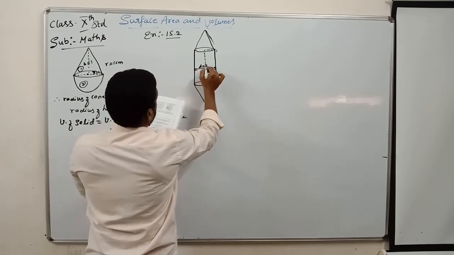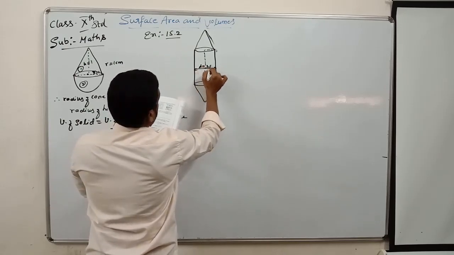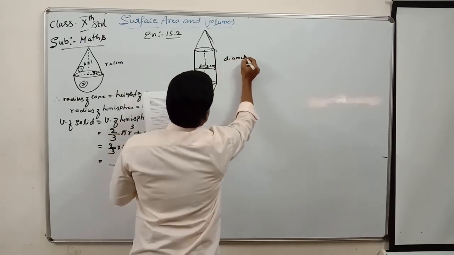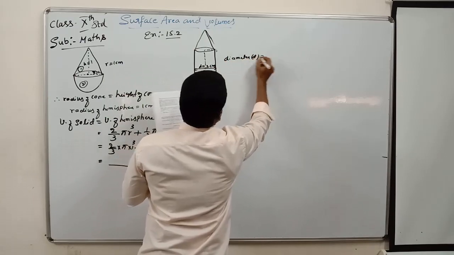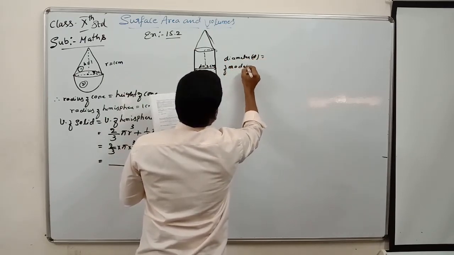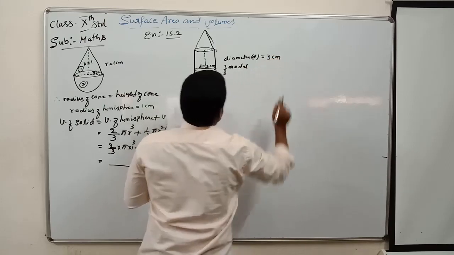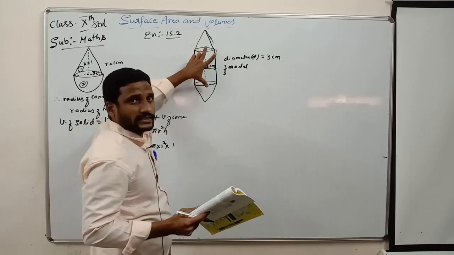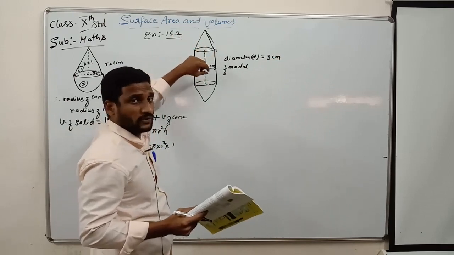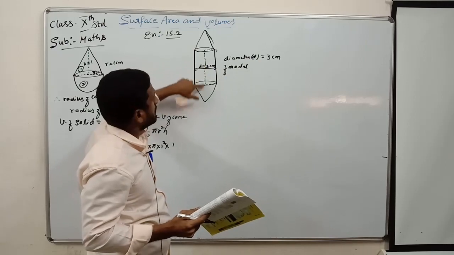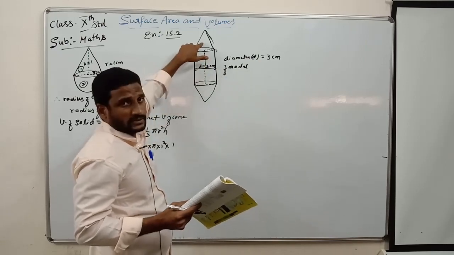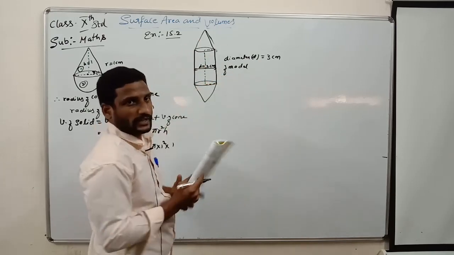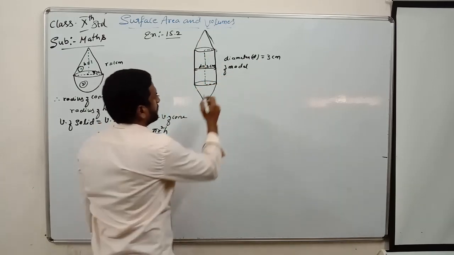Because the cones are attached to the ends of the cylinder, the cone diameter is also 3 centimeter. All the diameters are equal to 3 centimeter here. So the diameter of the model is 3 centimeter.